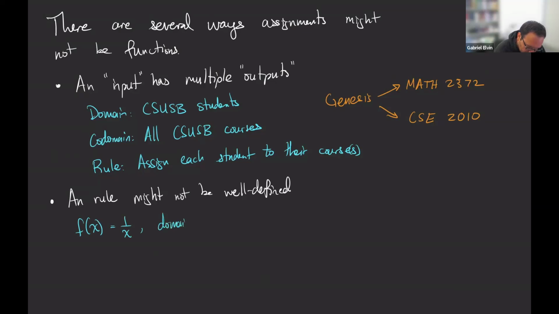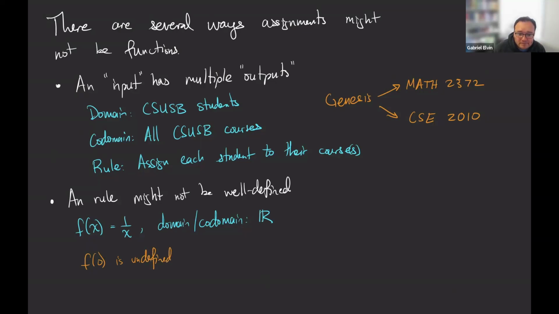And I'll just say the domain and the codomain are both all real numbers. What's the problem here? Well, you can't plug in everything in the domain because you can't plug in 0. So f of 0 is undefined.